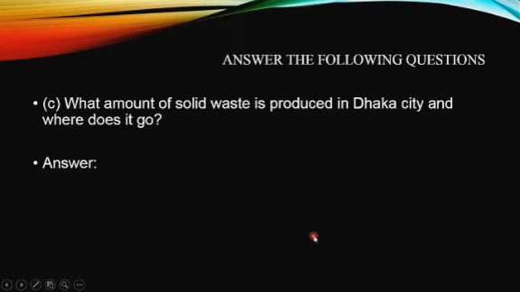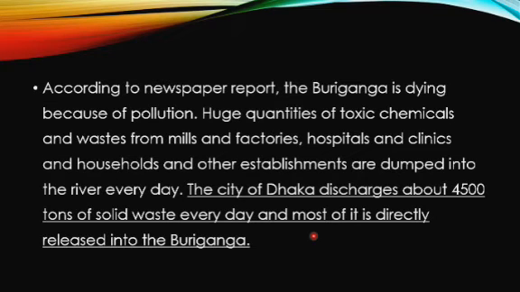Number C. What amount of solid waste is produced in Dhaka city and where does it go? We have to go back to our passage again, and there we have the information about what amount of solid waste we produce and release in the city. It is about 4,500 tons of solid waste.